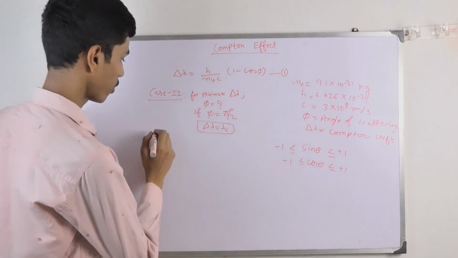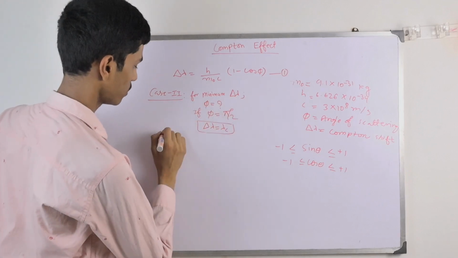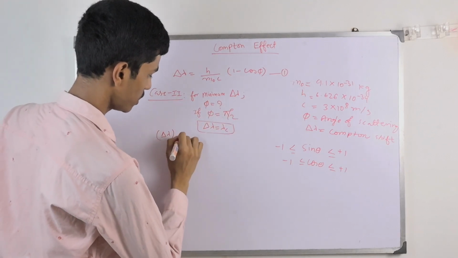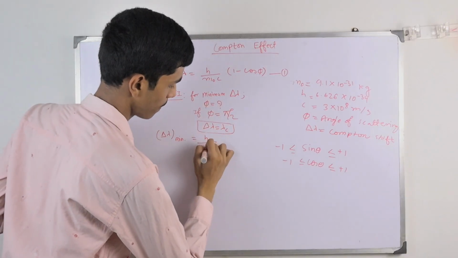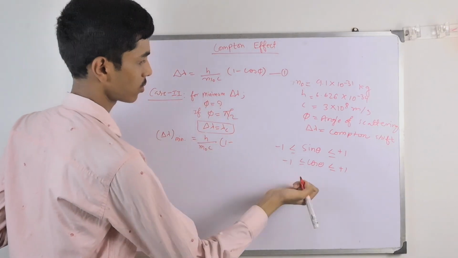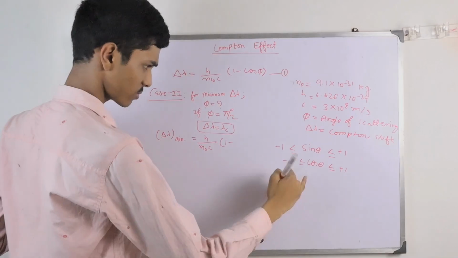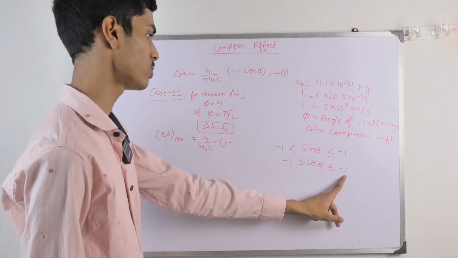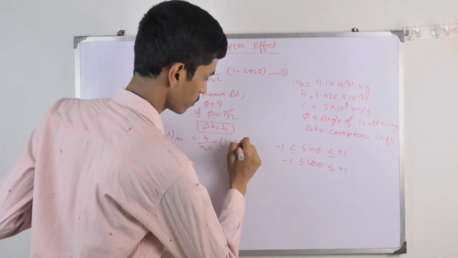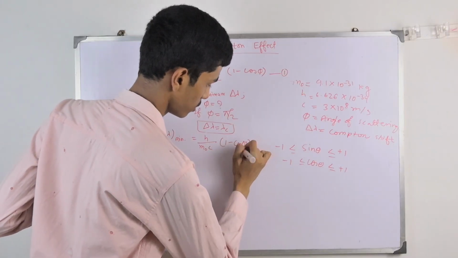So del lambda minimum equals h by m naught c into 1 minus cos of phi, where cos should be 1, means cos of 0 degree.